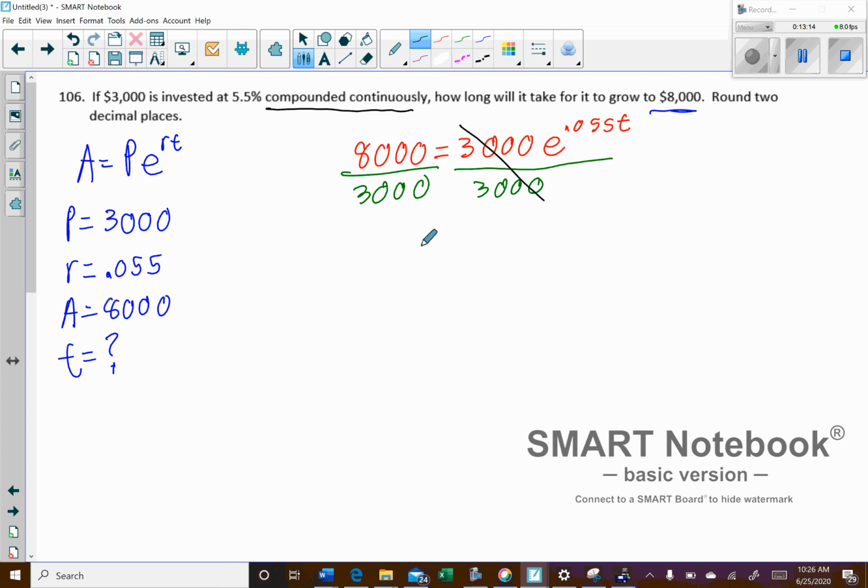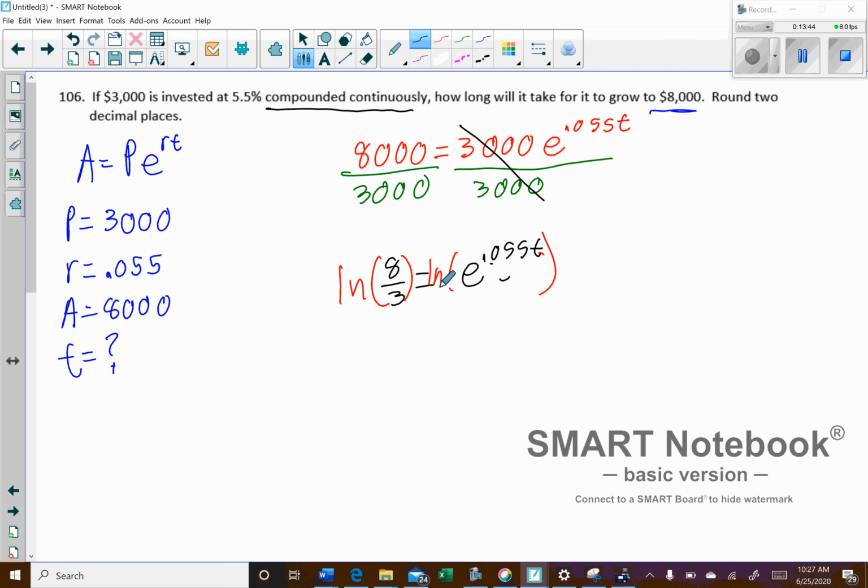That cancels. This will reduce down to 8 over 3 equals e raised to 0.055t. Sorry, I forgot the e part right there. And then we'll take the natural log of both sides.